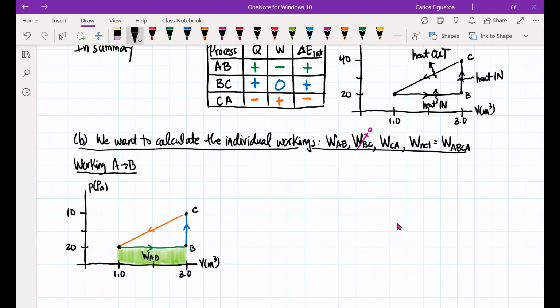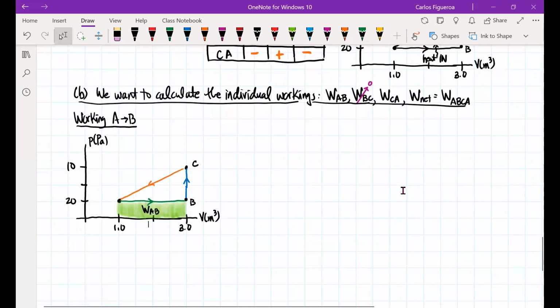So I got to compute that. The work from A to B is the area of that rectangle. You can see that it has a height of 20. That's the pressure height. Oh, by the way, this is A. So I need the difference in the pressure and the difference in the volume.